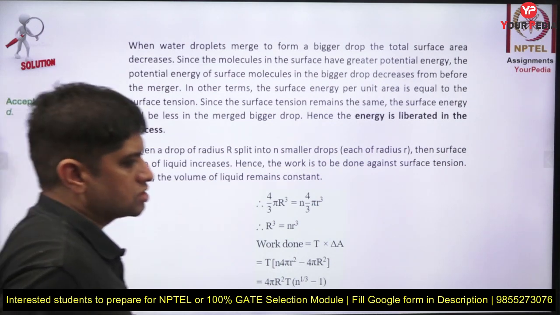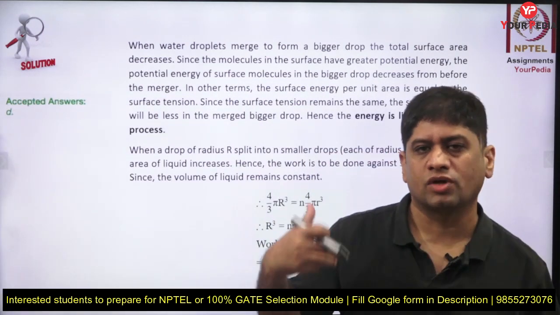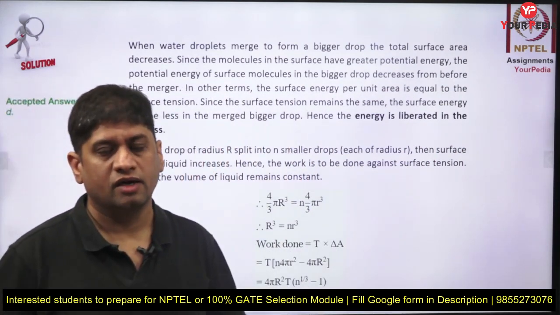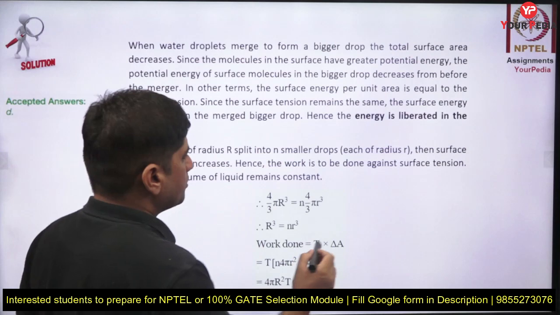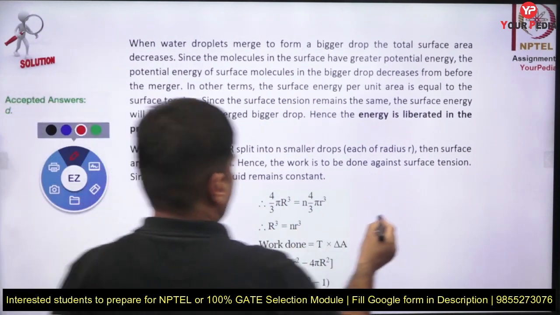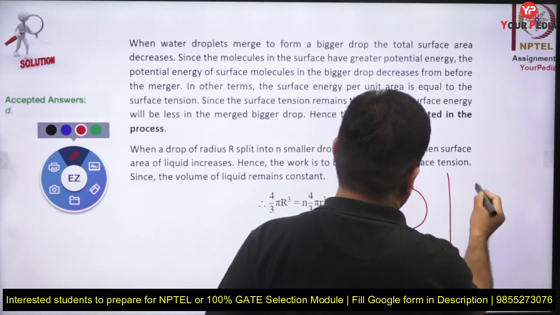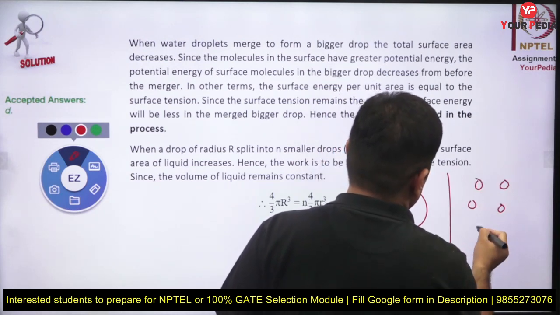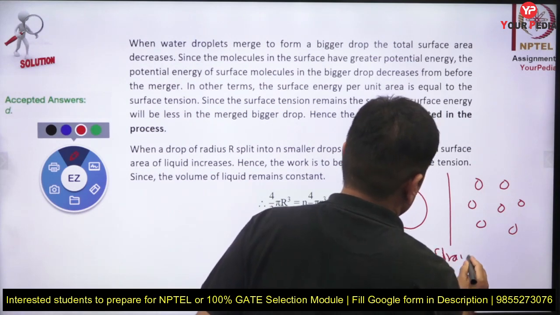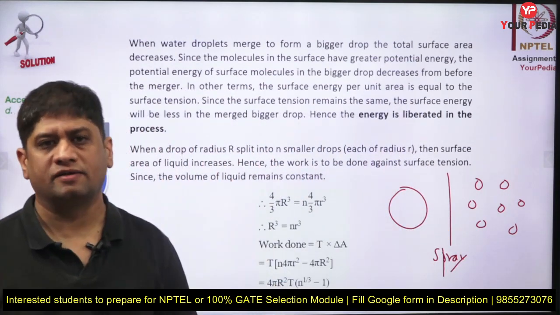What happens to surface tension, and what happens to the surface energy, or the energy of the molecule, of this particular droplet? We know one thing: if I want to divide a larger droplet into small droplets, that is called spraying.